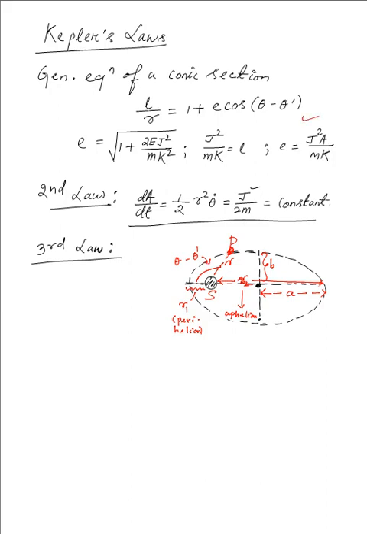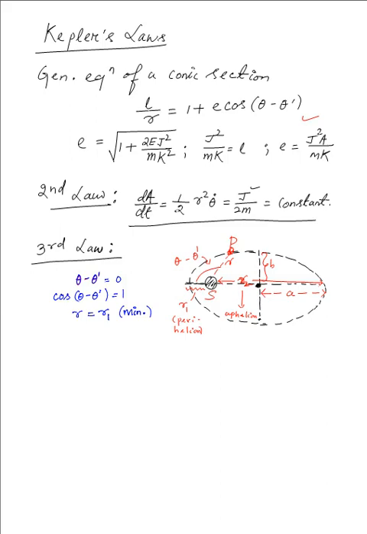Now if this angle theta minus theta prime is equal to 0, then cosine of theta minus theta prime is equal to 1. As a result, we get the value of r to be simply r1, which is the minimum value of the radial distance.